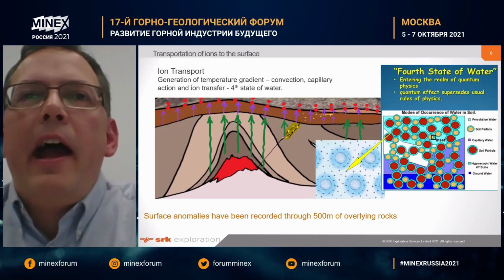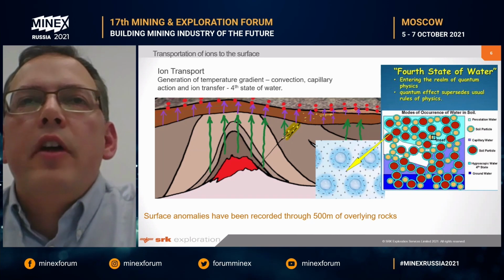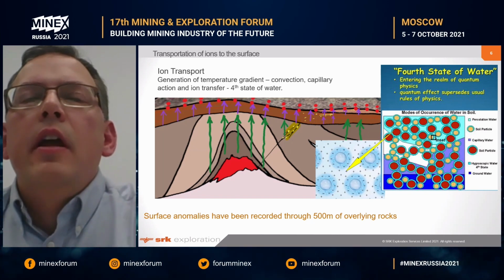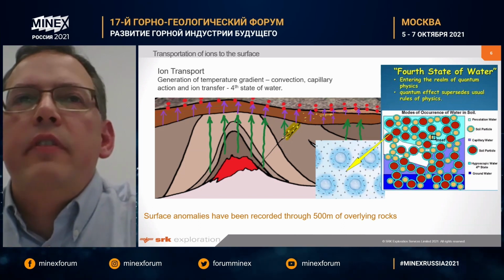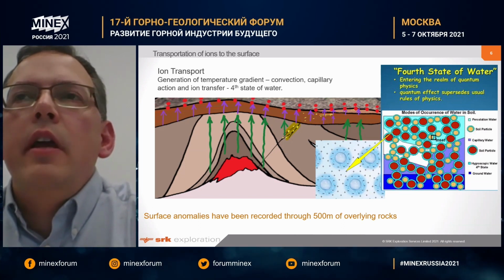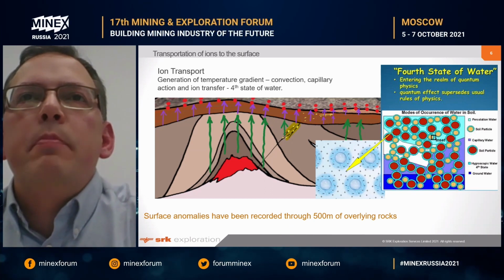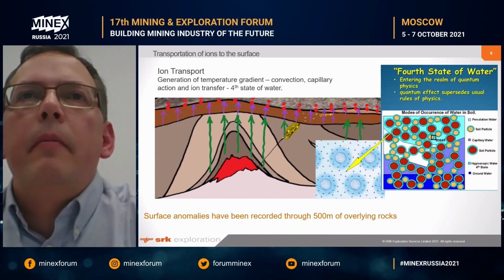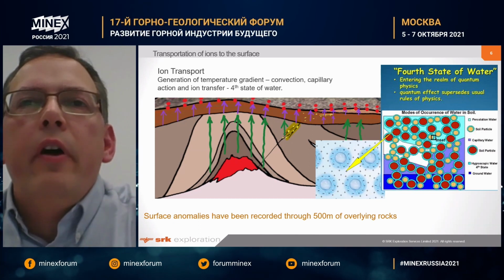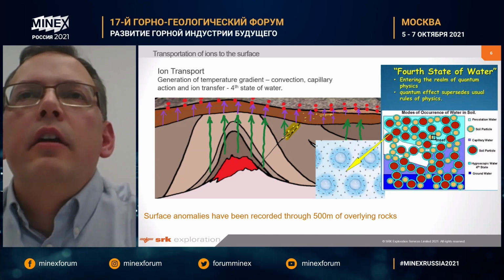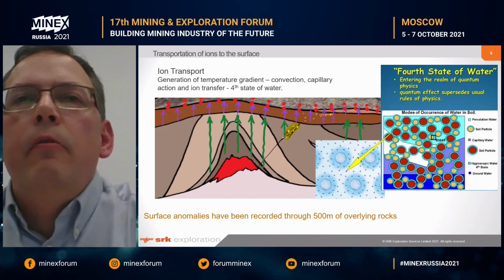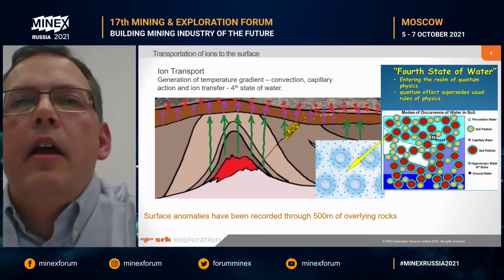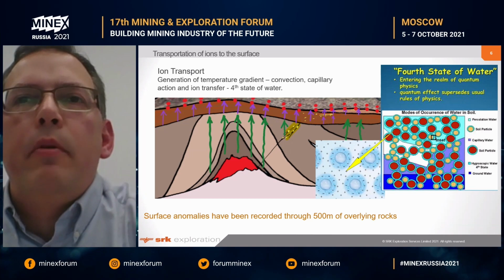The methodology of how the ions are transported from the ore body to surface is actually not definitively known. What is known is that ions are transported upwards through a variety of actions, including convection and capillary action. But this only allows the ions to reach the water table.